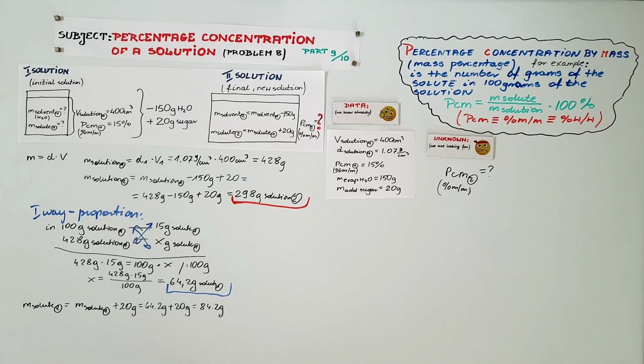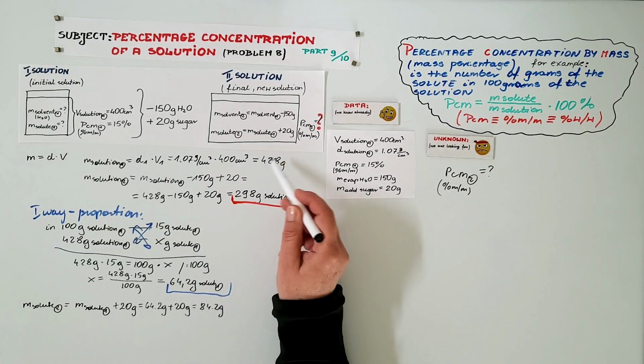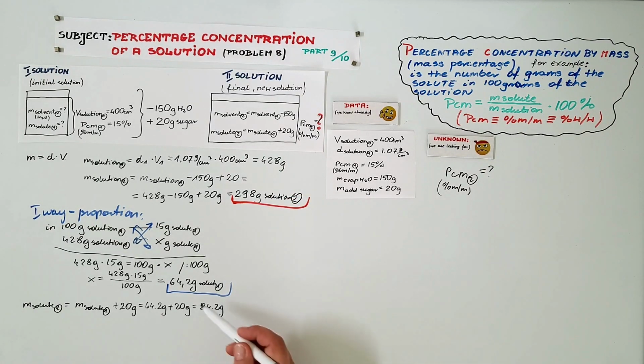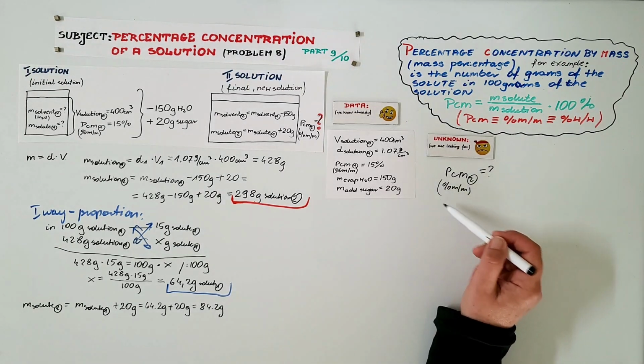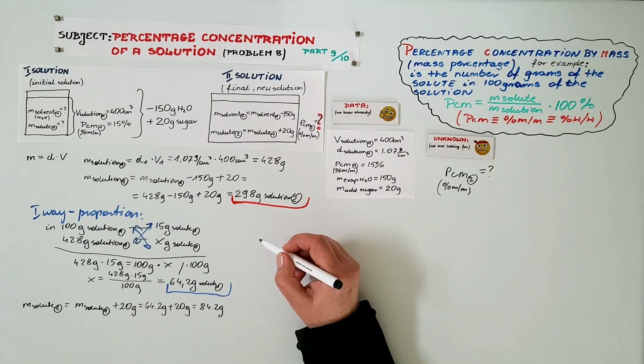So now we already know mass of solution and we know mass of solute. So we are ready to calculate percentage concentration by mass.